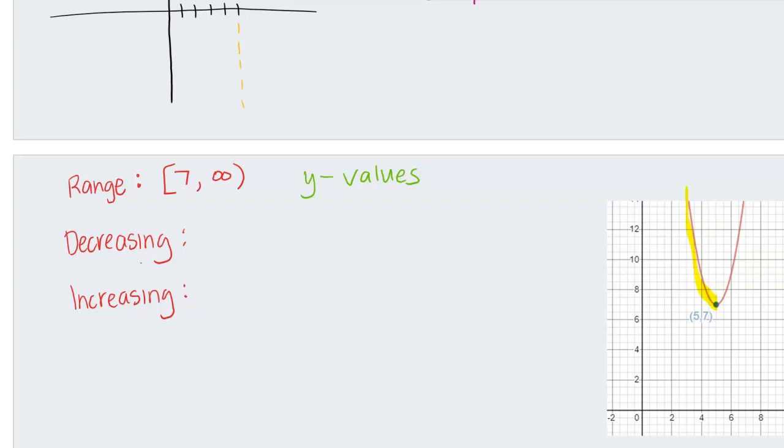Again, what we're looking at is what are the values on the x-axis where the graph is decreasing, and that's going to go from negative infinity to 5. We don't include the 5 because at that particular vertex, the max or the min, the function is neither decreasing nor increasing. And then increasing is going to go on the other side from 5 to positive infinity. These are relating to the x values.